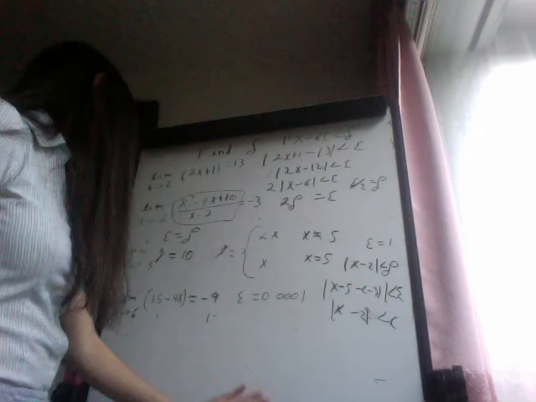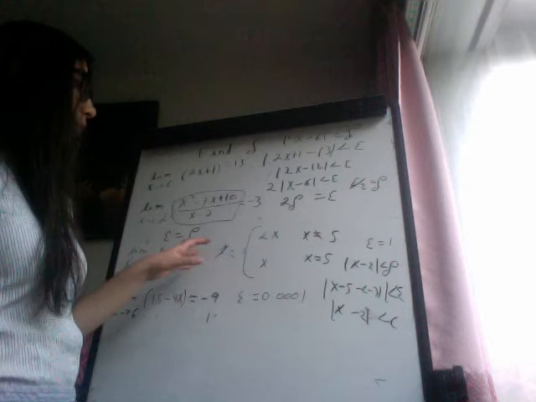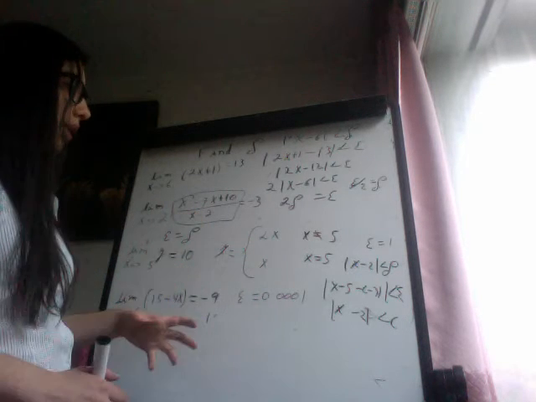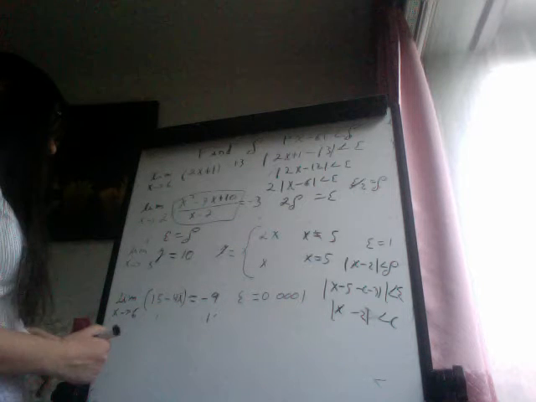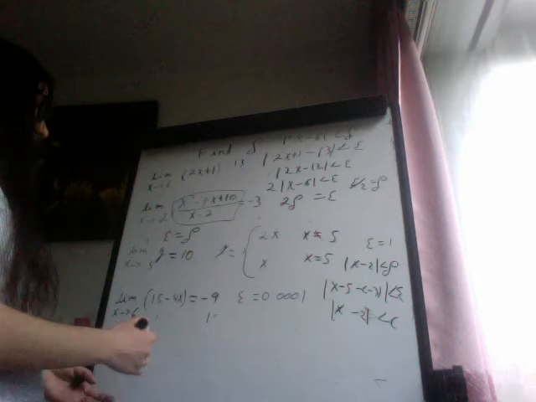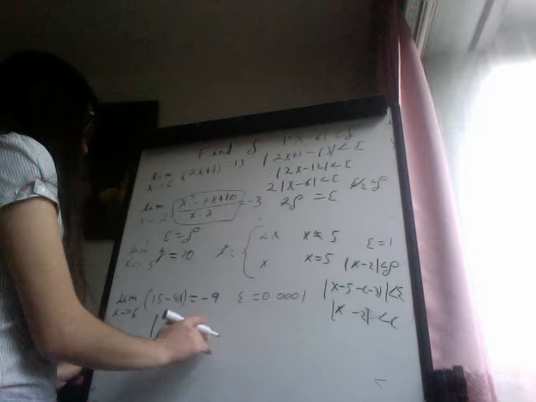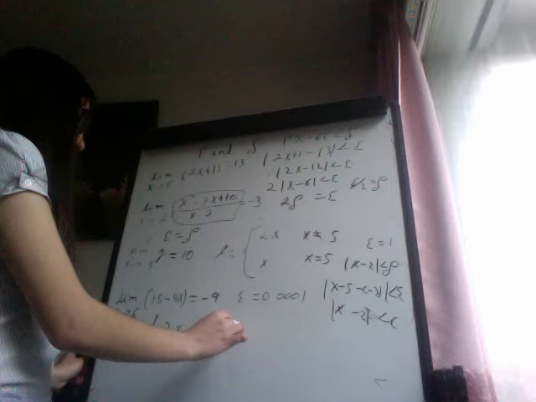The other one is when x is equal to 5, the function is equal to 5, but the limit is 10, so the function tends to 10. So the distance between the function and the limit will be 2x minus 10. This distance will be less than epsilon.